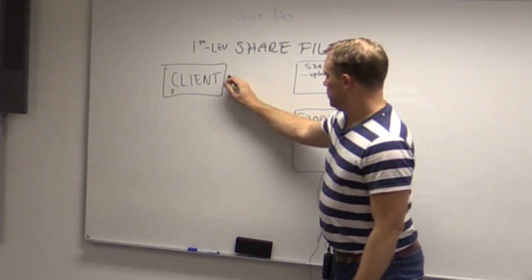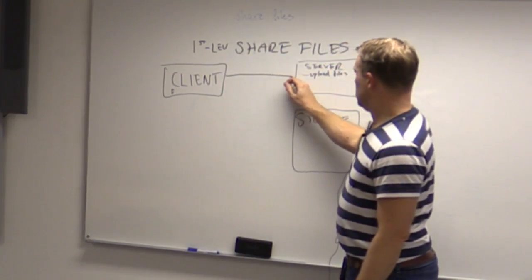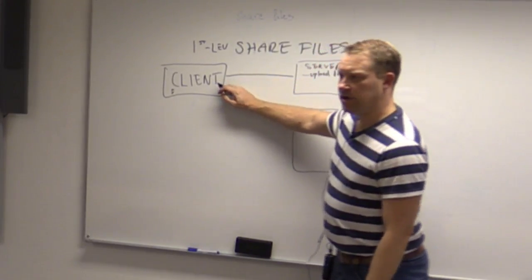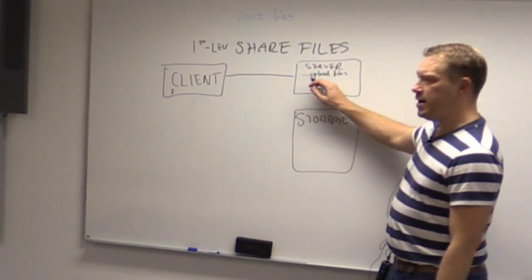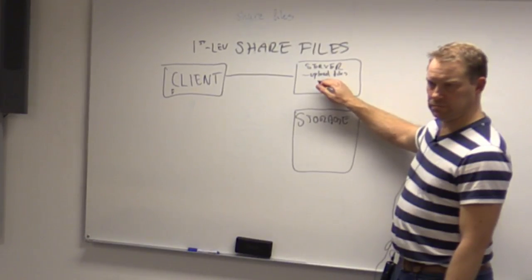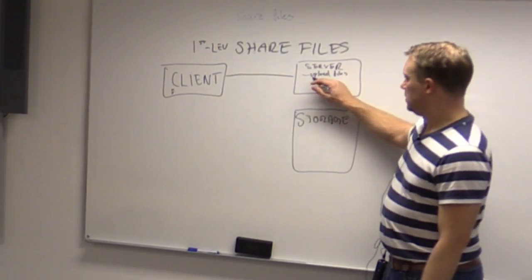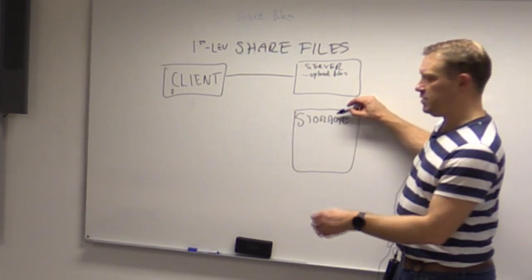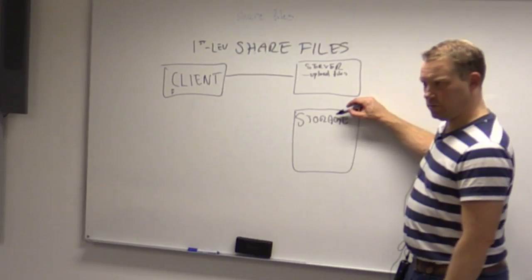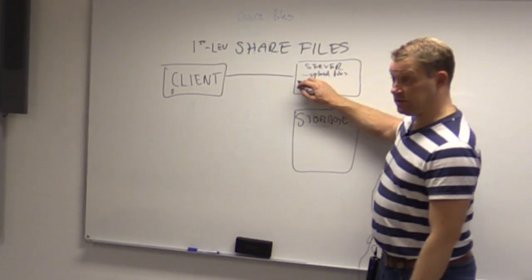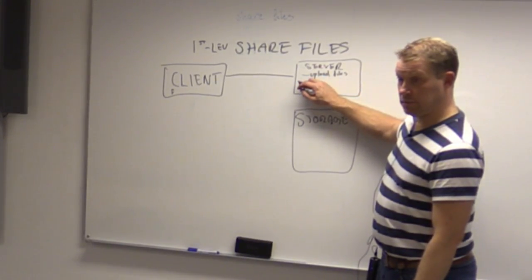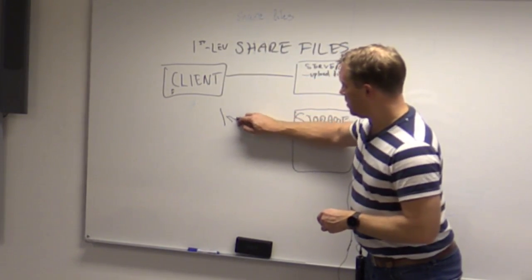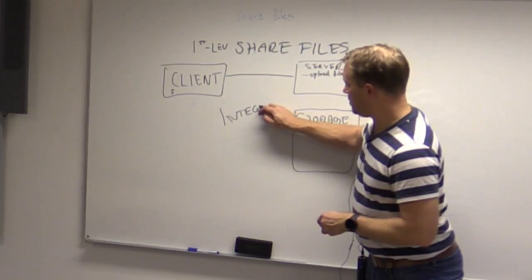What else do we need? We need some interfaces, because the client here probably requires an upload service, and this server requires some kind of storage, and this one provides an upload service. So what you do is integrity.